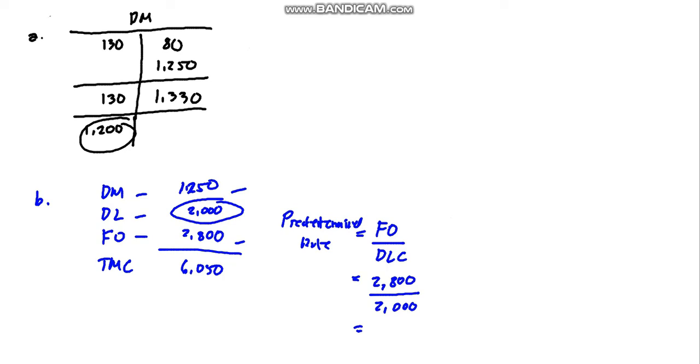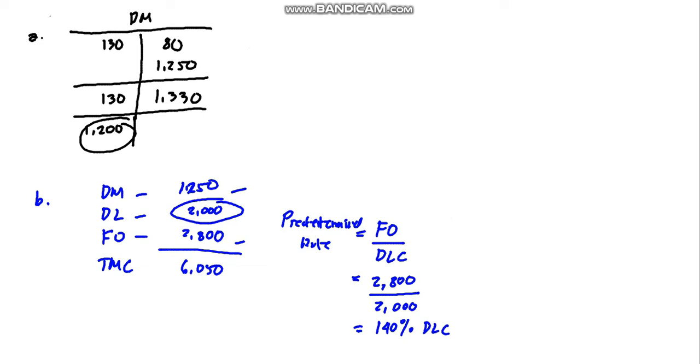The predetermined rate is 140% of direct labor cost. Okay, so it's just as easy as that.